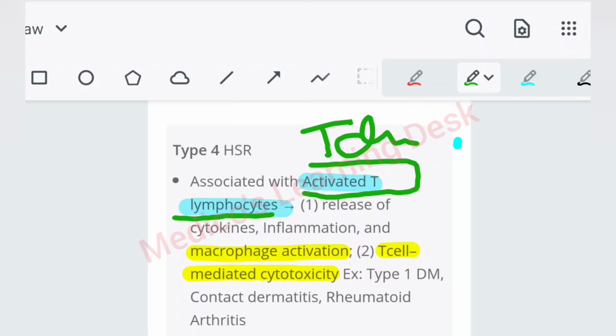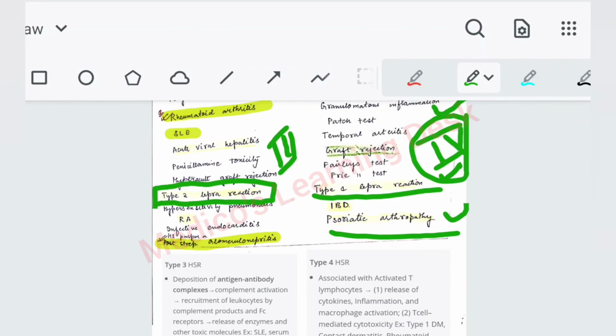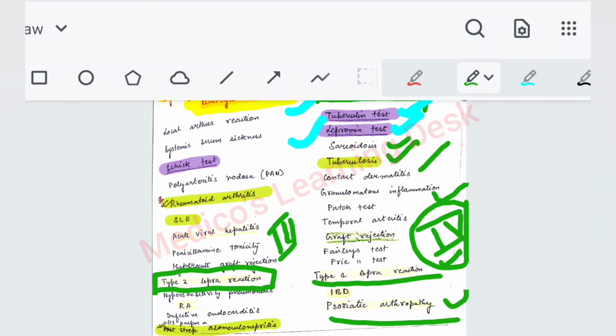Then there will be release of cytokines and other inflammatory mediators, which will later lead to macrophage activation, and there will be T cell mediated cytotoxicity. So here the examples will be contact dermatitis, tuberculosis, granuloma formation, and all this.